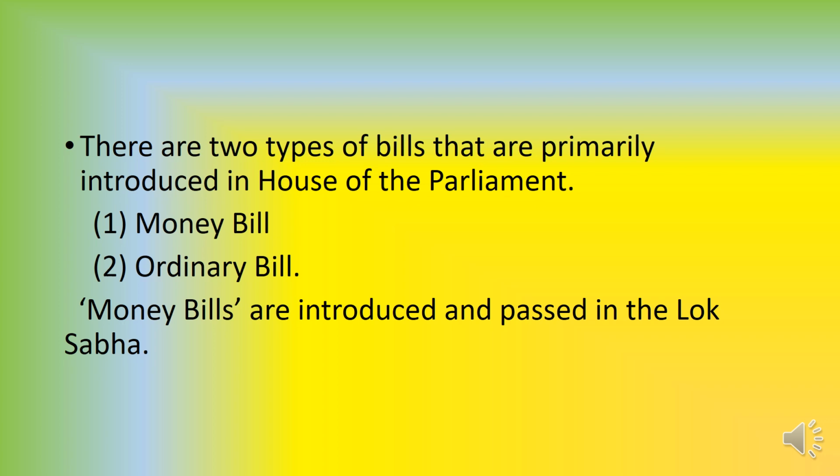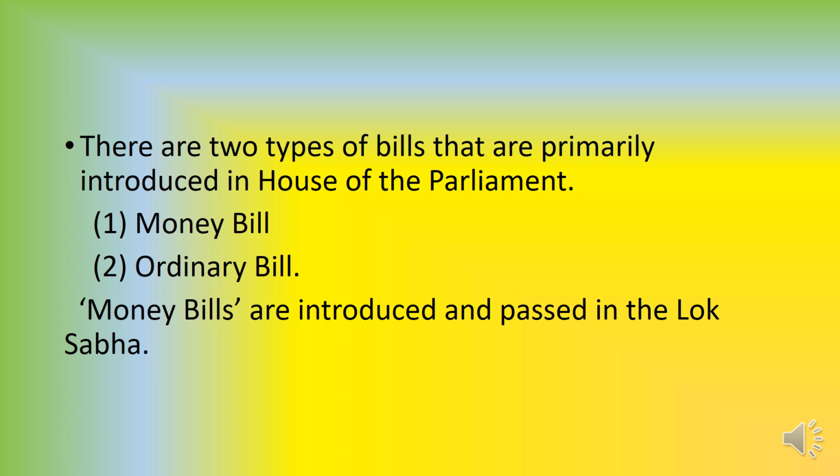There are two types of bills which are primarily introduced in the houses of parliament, that is the Lok Sabha and the Rajya Sabha. One is the money bill, which is purely related to finance. Second is the ordinary bill. Any bill which is not related to finance can come under the ordinary bill. So there are two types of bill: the money bill and the ordinary bill.